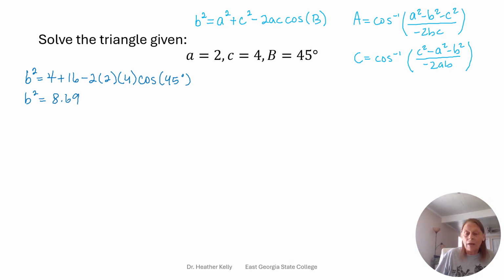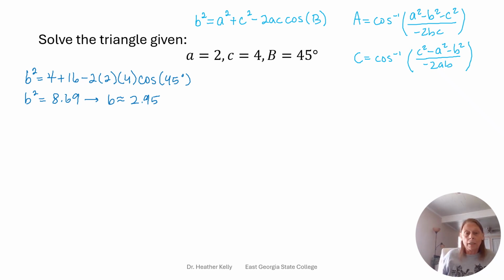Now, because we've had to round here, B is approximately equal to the square root of that, which is 2.95. Okay, so note that we're going to round here.